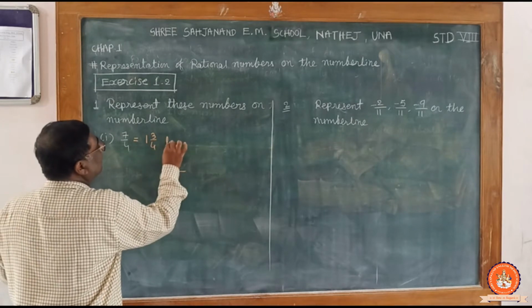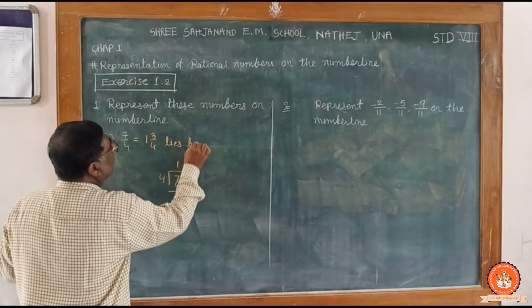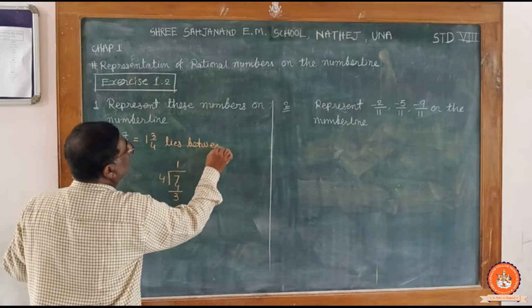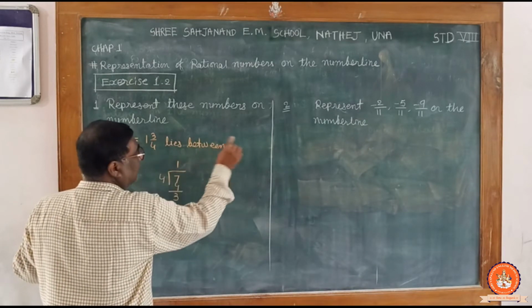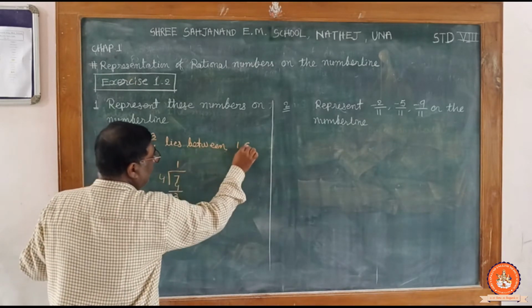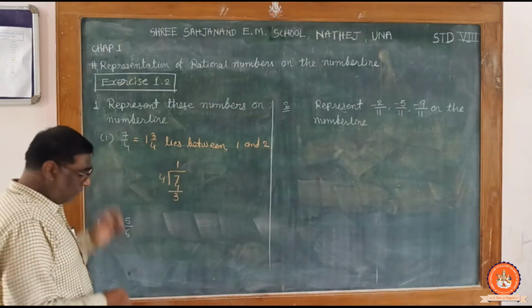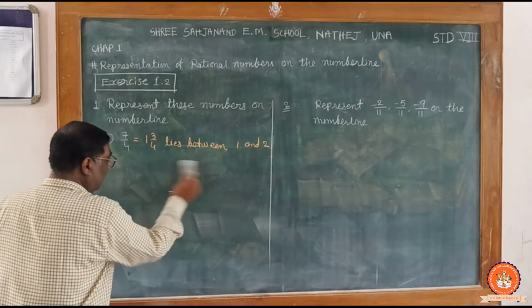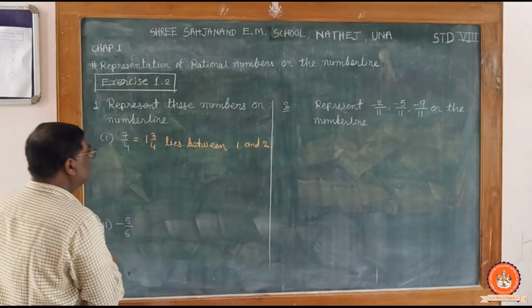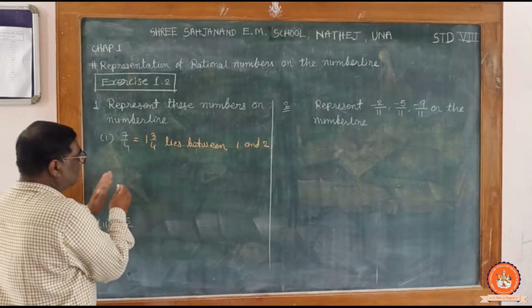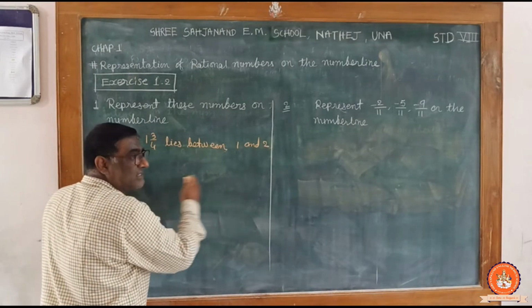So it lies between 1 and 2. So this number 7 by 4 lies between 1 and 2. Okay. So it's a positive number. So it will be to the right hand side of 0.